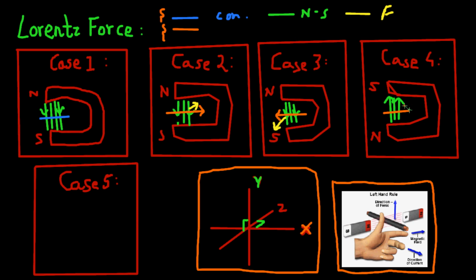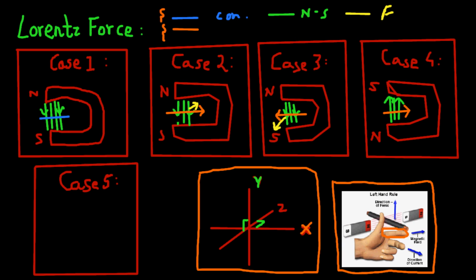Extend your left hand. Your magnetic field is now going upwards, so point your index finger, your forefinger, upwards. Your direction of current is going rightwards. So what you see is that your thumb will be pointing towards you. So the force will be out.